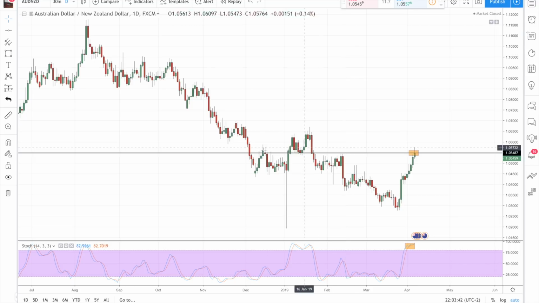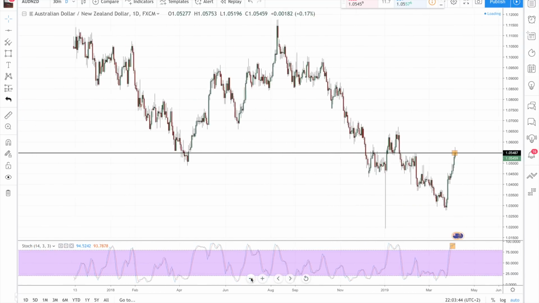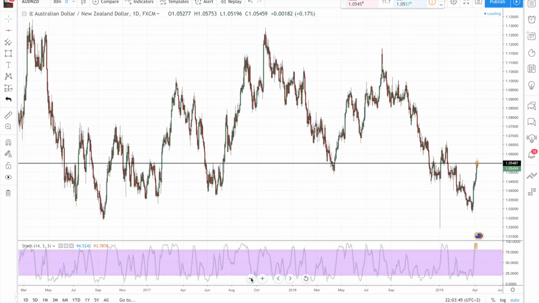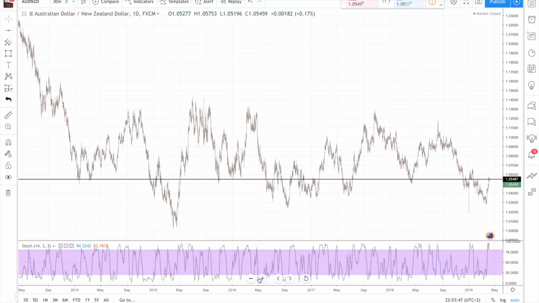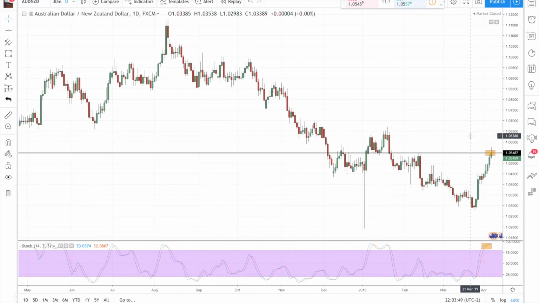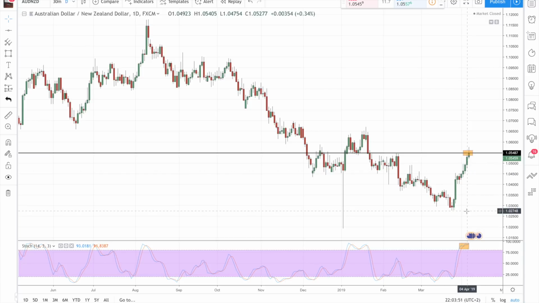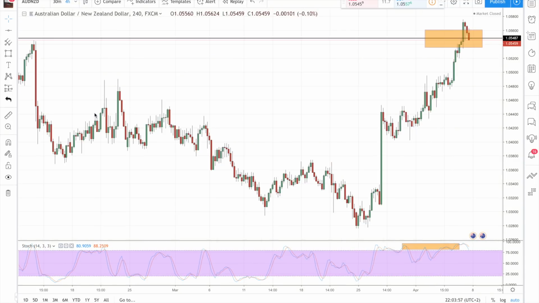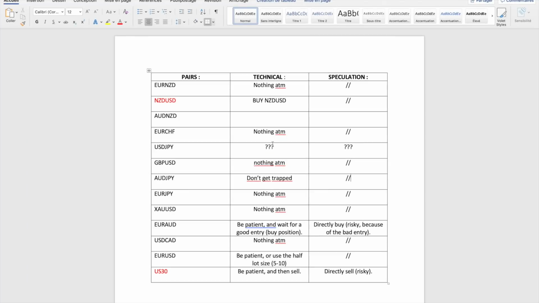You can see it has been touched, and previously it wasn't that strong, but at the moment we have something pretty powerful with the resistance, candle correction, candle rejection. And if we go to the 4 hour, you can see it's already getting into the downtrend, and you can see it's breaking, and boom. So for me, sell AUD NZD.